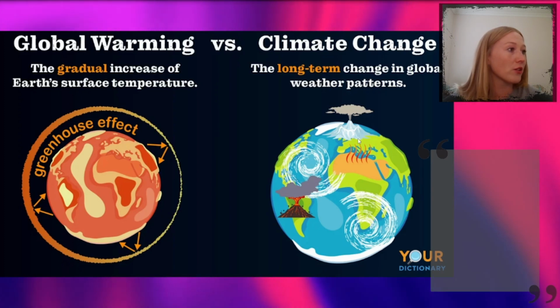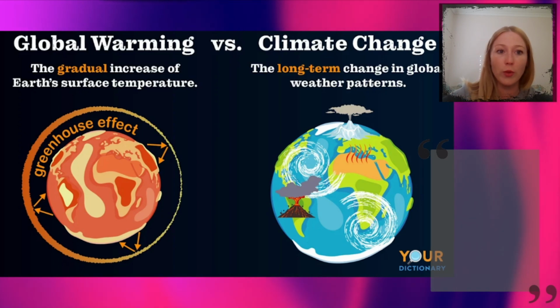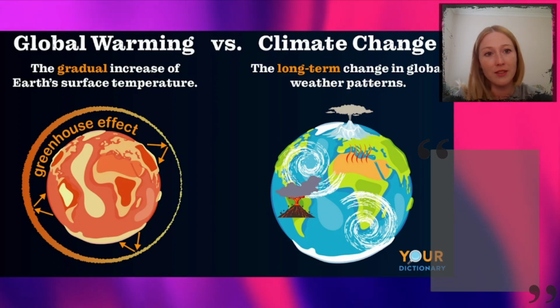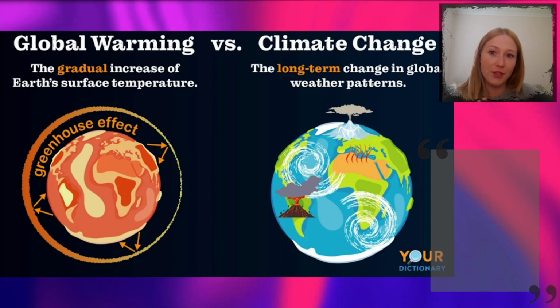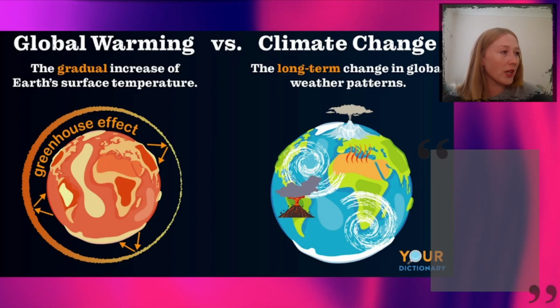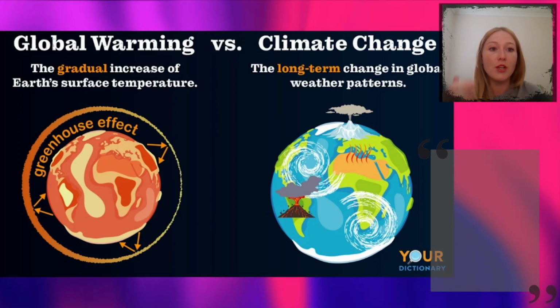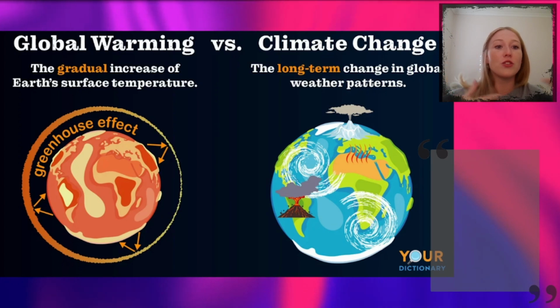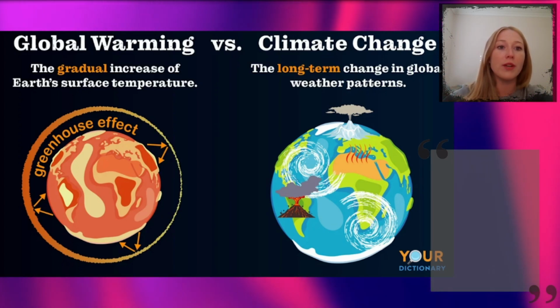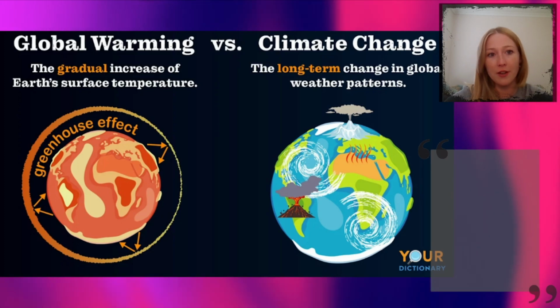So we are having stronger hurricanes and drier droughts and wetter floods and all of those things. So I just wanted to clarify the difference between global warming and climate change. And I try to refer to climate change as much as possible, just so that they understand it's not just a temperature related thing, it's an entire system being knocked out of balance.